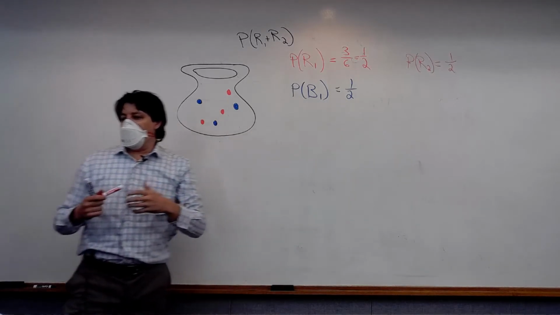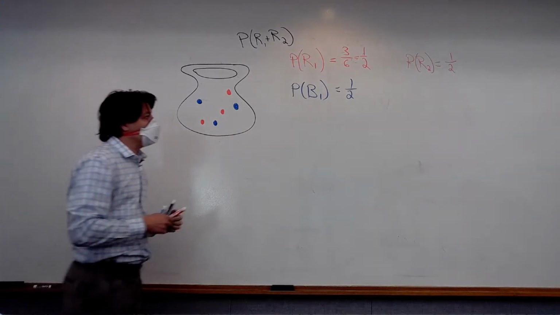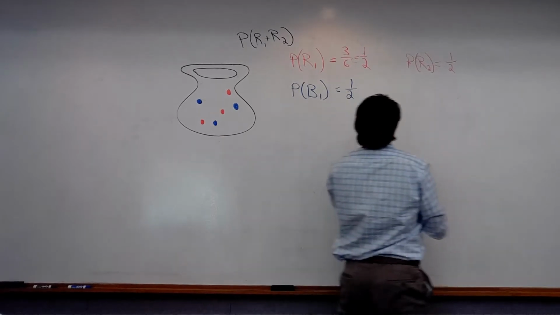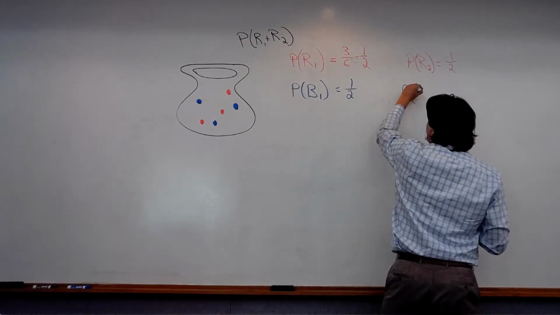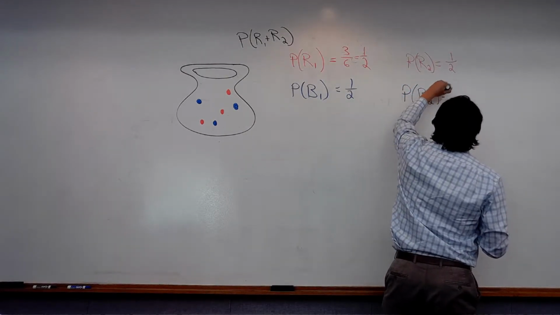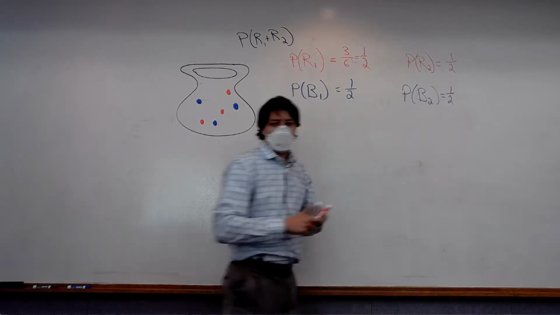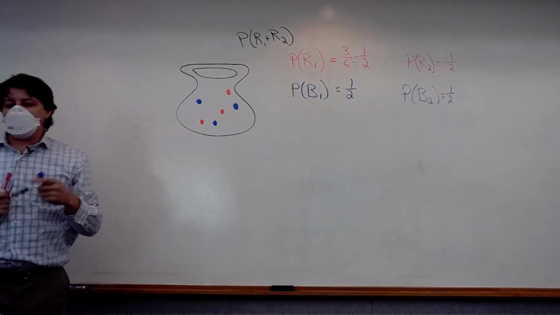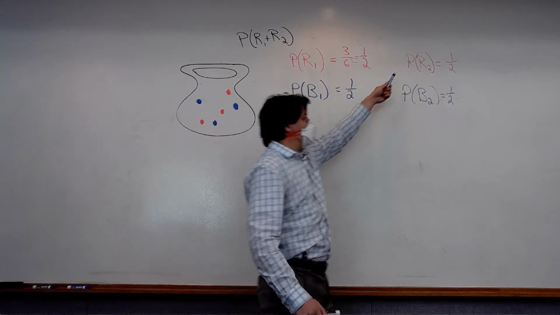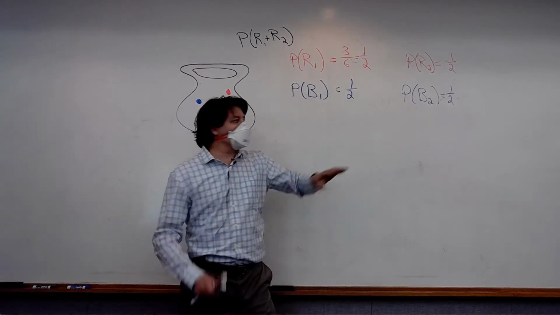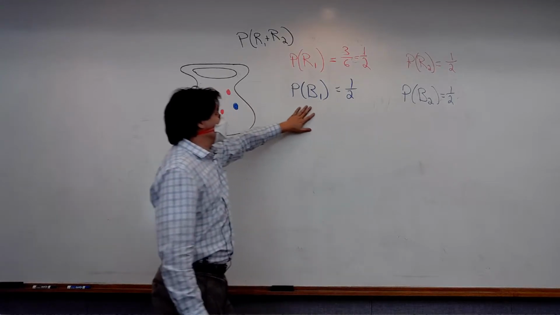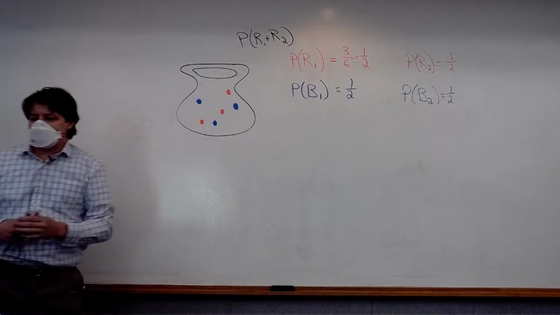Right? Because we don't know what's happened in the first marble. And the probability of blue 2 is also 1/2. But we're not going to use these 2 probabilities in our calculation because these are states of the world where we don't know what happened in the first marble.